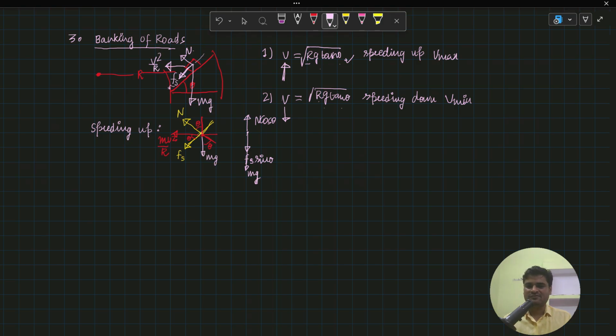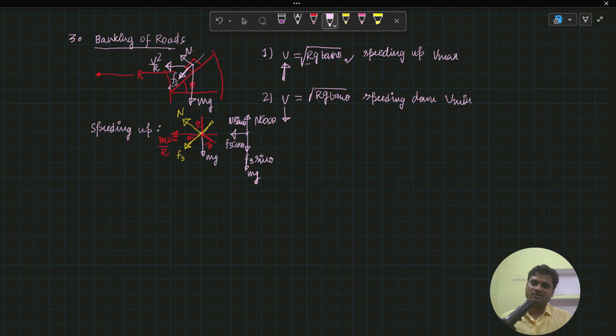And in this direction there are forces that are n sin theta and frictional force fs cos theta. These are the only forces that are available, and we have resolved them.